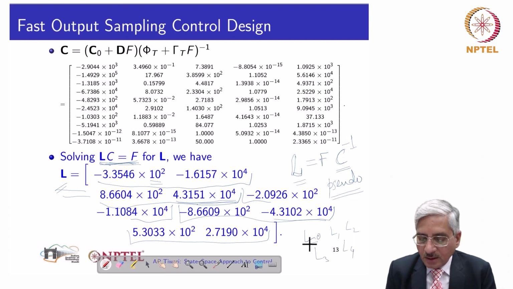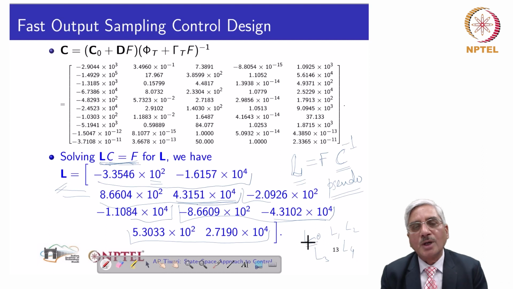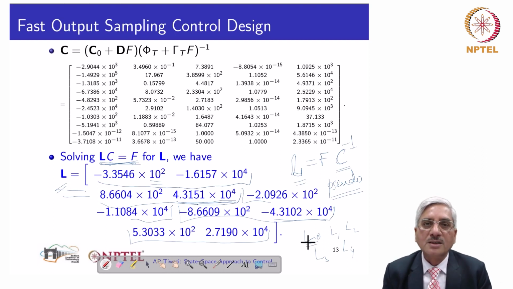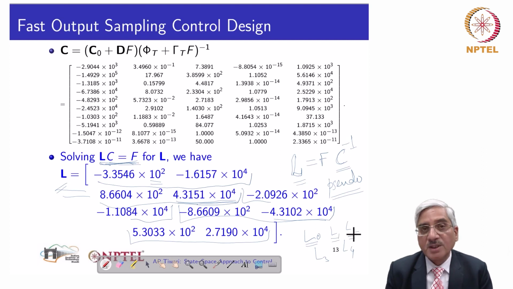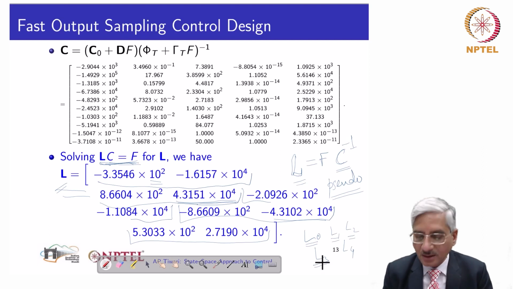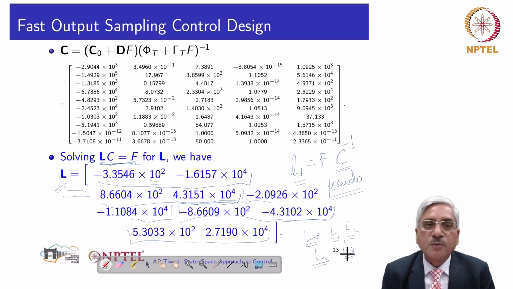So L0 will multiply the output y at kT, L1 will multiply y at kT plus delta, L2 y at kT plus 2 delta, L3 y at kT plus 3 delta, and L4 y at kT plus 4 delta, to implement the fast output sampling gain.